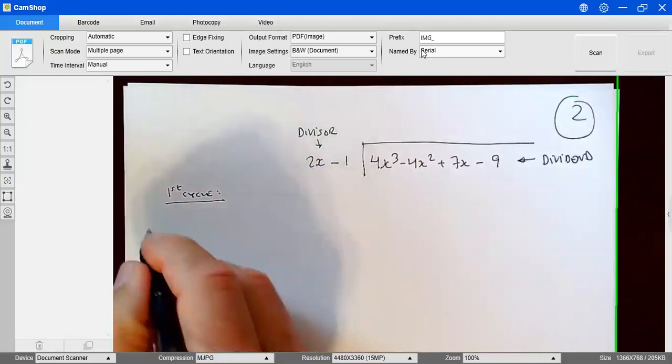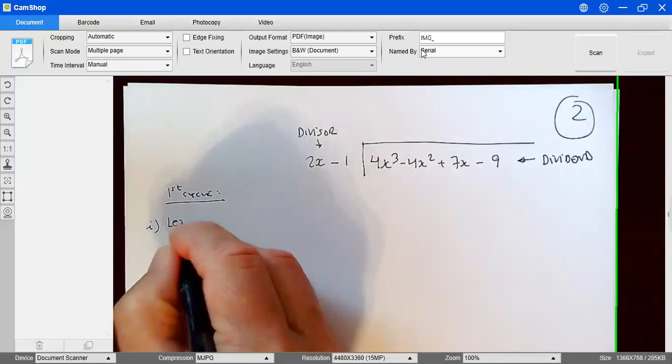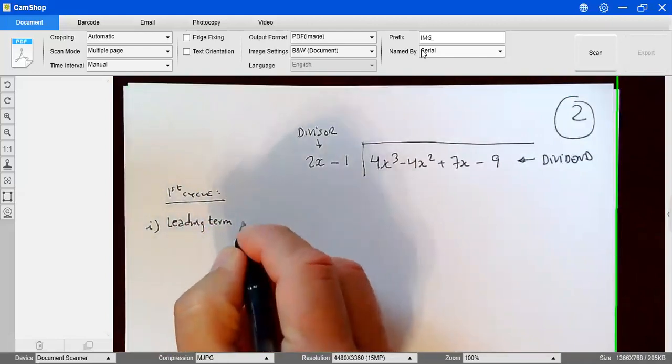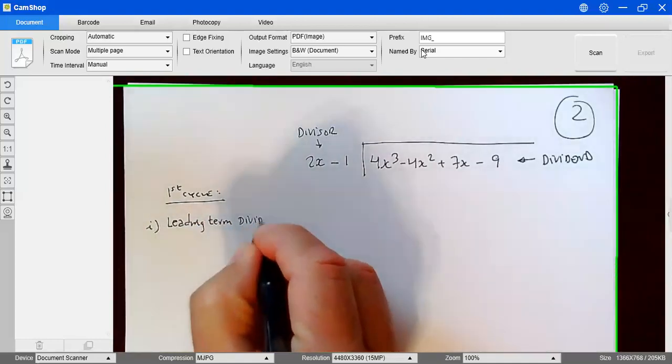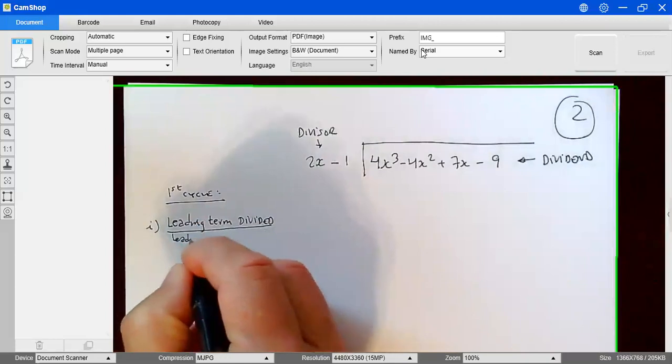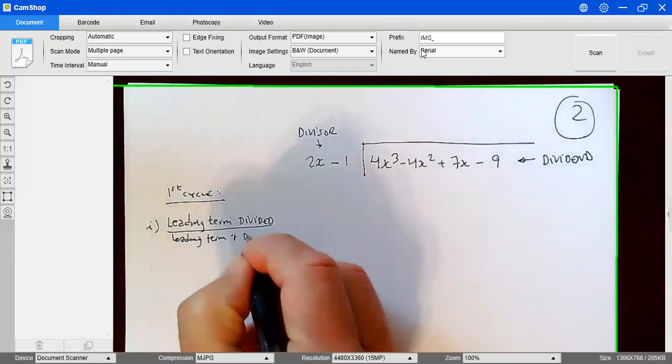The first step is we need to divide the leading term. I'm going to write the leading term of the dividend over the leading term of the divisor.